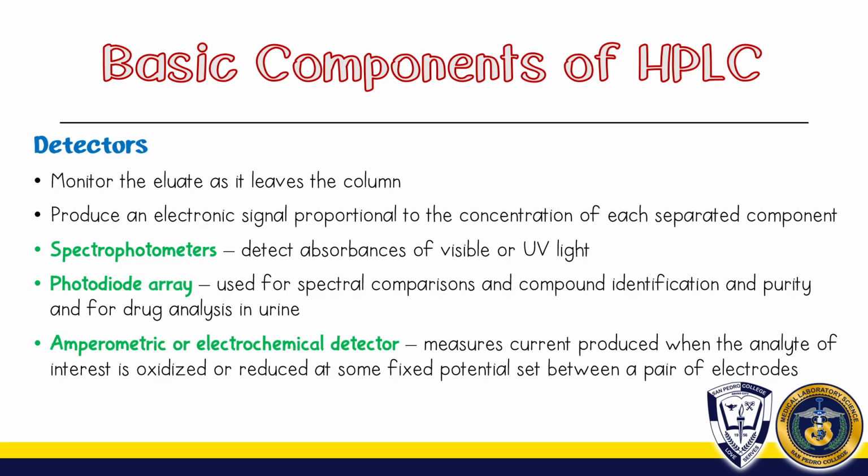Photodiode array, which is used for spectral comparisons and compound identification and purity, and for drug analysis. And lastly, your amperometric or electrochemical detector, which measures current produced when the analyte of interest is oxidized or reduced at some fixed potential set between a pair of electrodes.